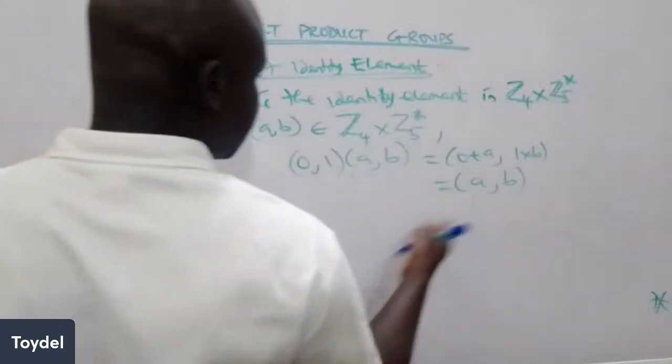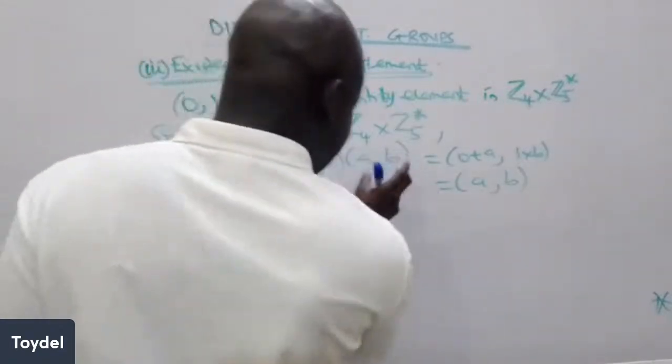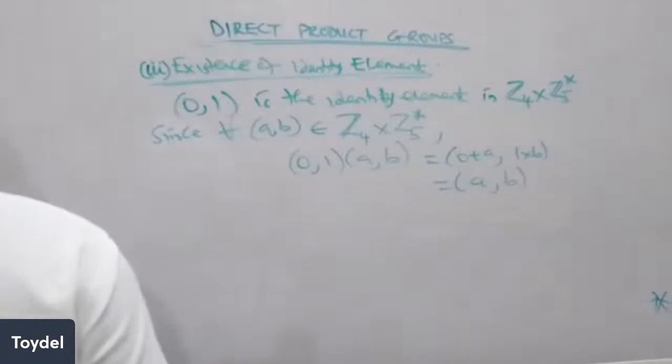And what is the implication? It simply means that this 0, 1 has no effect on this (A, B).